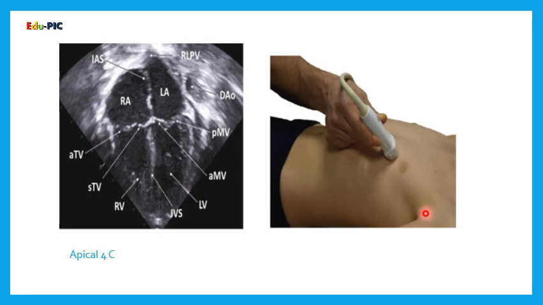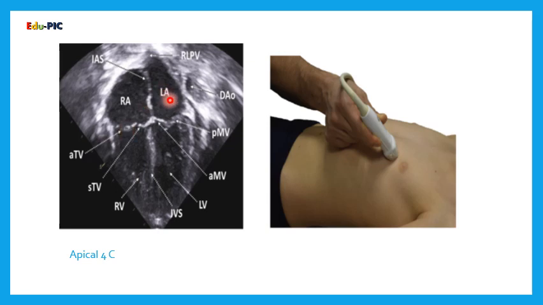If you have bigger children or older children, you may need to put your patient on the left side. Then you can push the heart towards the thoracic cage, and you can have a better image. So that's what we get from the apical four-chamber view.